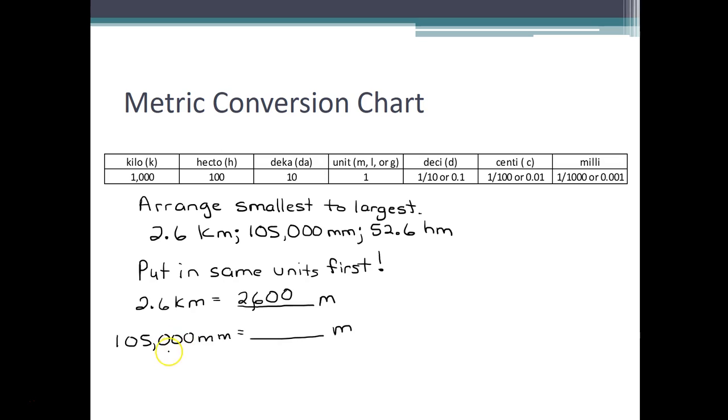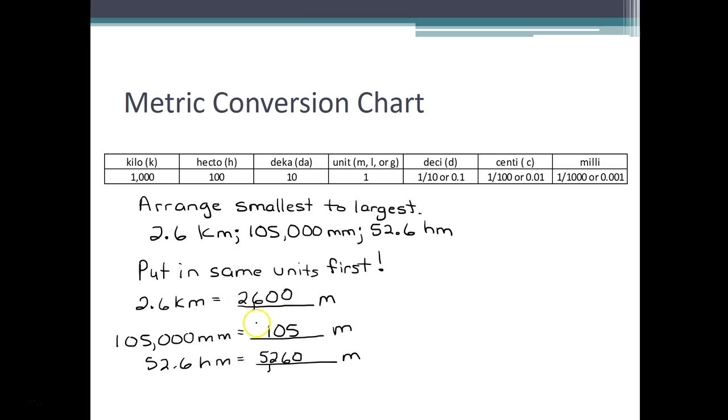So 1, 2, 3 to the left will leave me with 105. And then for 52.6 hectometers, converting that to meters, hecto, I'm going to have to go 1, 2 to the right. So 52.6, the point's going to move 1, 2 to the right. And there we go.